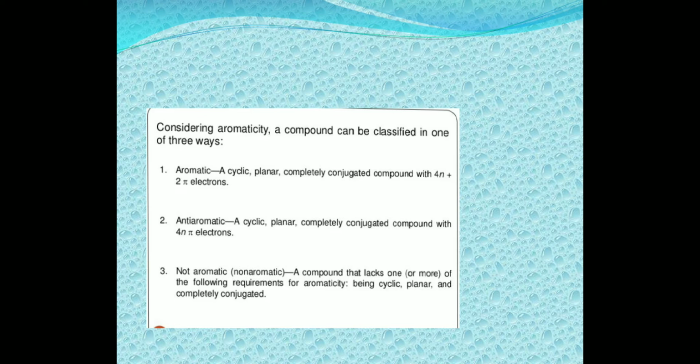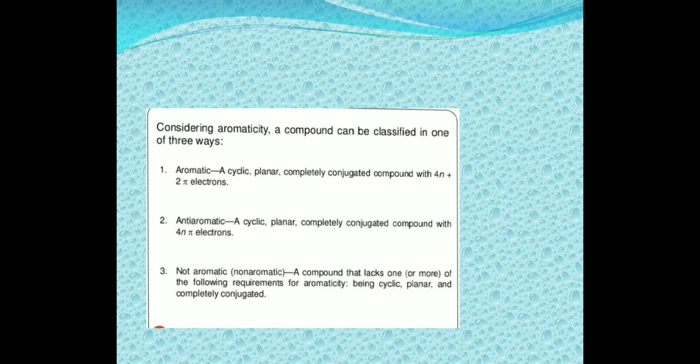As per the definition, anti-aromatic compounds are those compounds which are destabilized by a closed loop of pi electrons. The third category is non-aromatic compounds. That means the compound lacks one of the requirements for aromaticity, that is, being cyclic, planar, and completely conjugated.